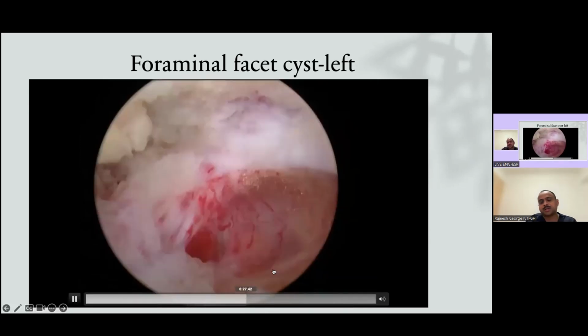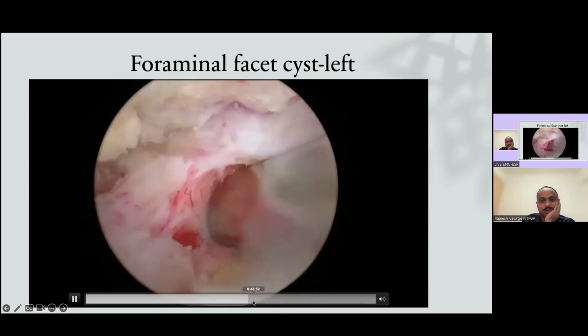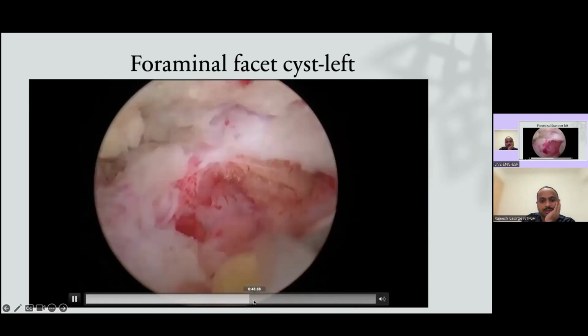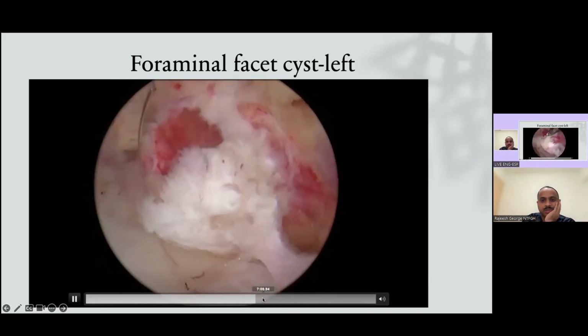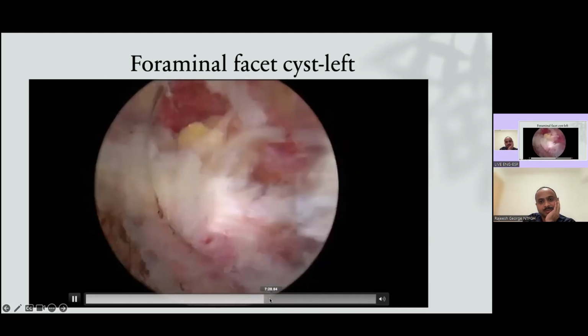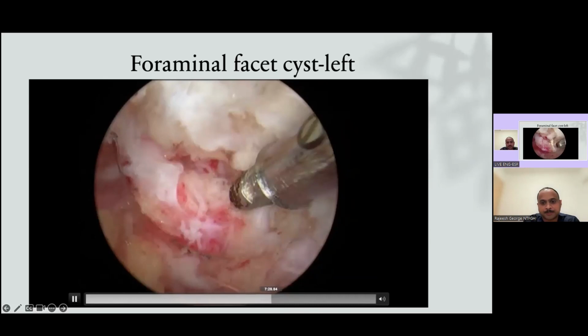So that is still the cyst wall that is coming into view. And I'm going to remove that cyst wall from all around. Once I start removing, again, some more to create space, I'll just fast forward this, some more hemostasis.